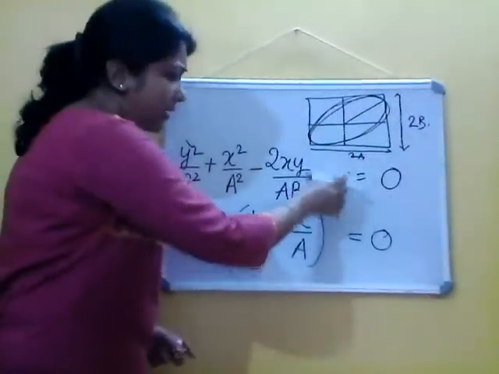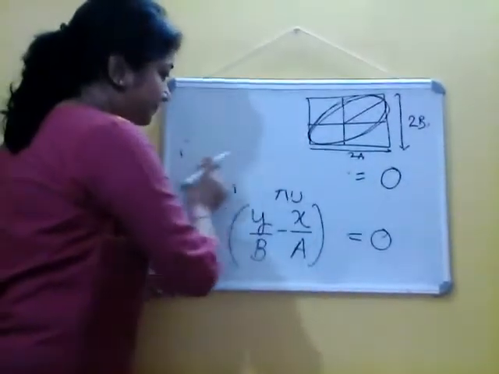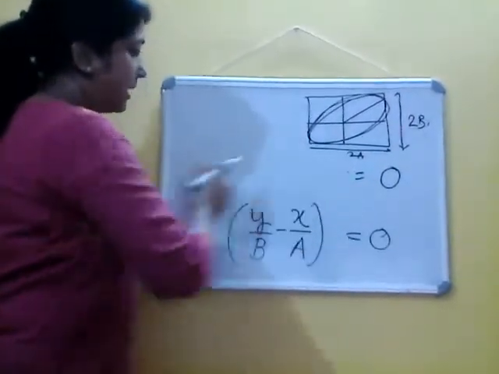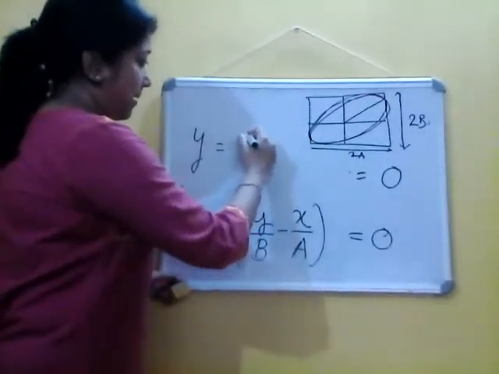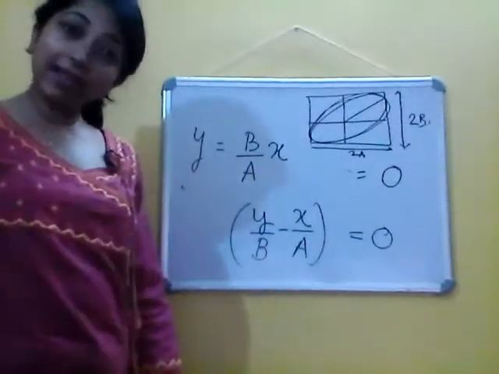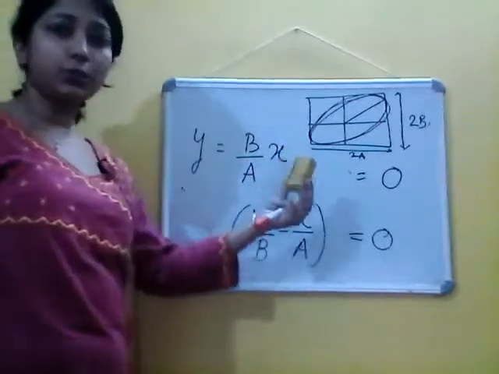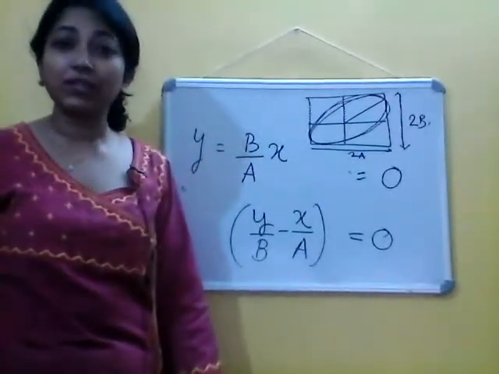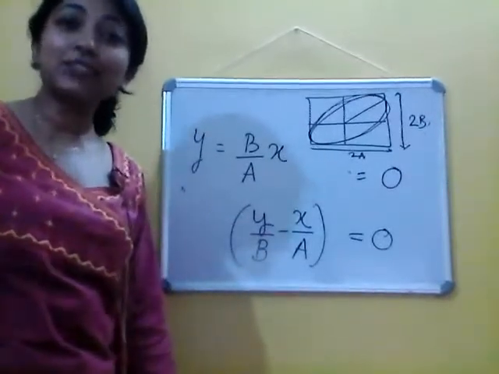So in this scenario, what is the meaning? If the square is 0, I can also write this is 0. Or can I not write y is equal to b by a into x? I can write this. Now if I ask you y is equal to a constant into x, what is this equation? You all will readily tell me that this is nothing but the equation of a straight line.